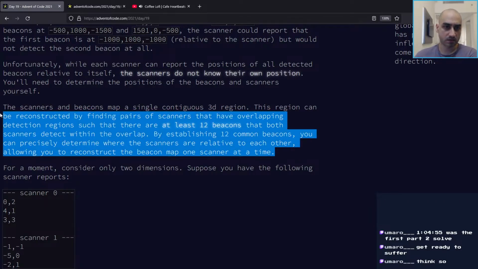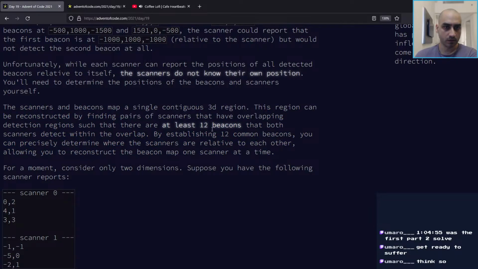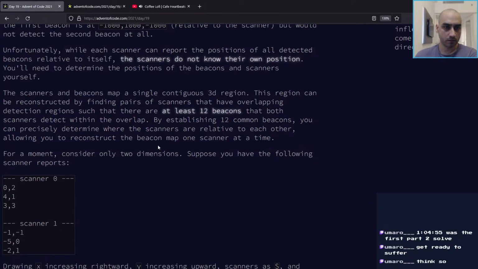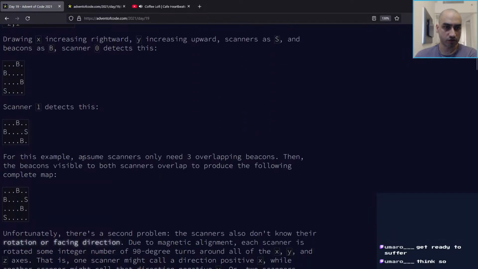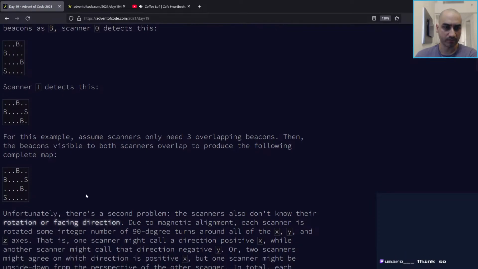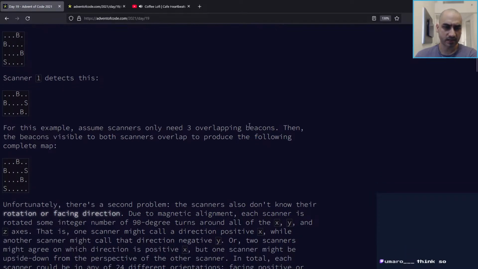So this is implying that, well, okay, assume scanners only need 3 overlapping beacons, then the beacons visible to both scanners overlap to produce the following complete map. I don't understand this assumption.